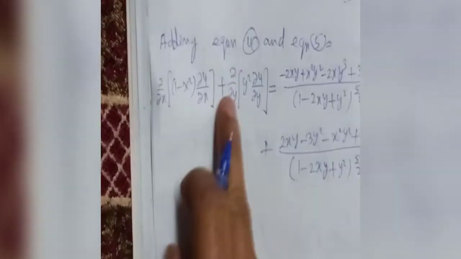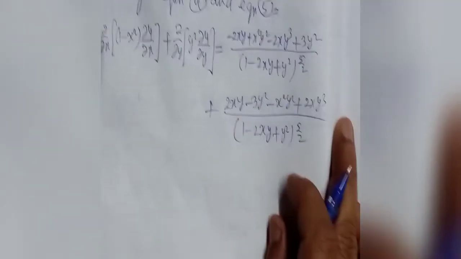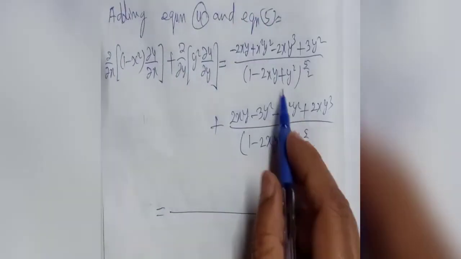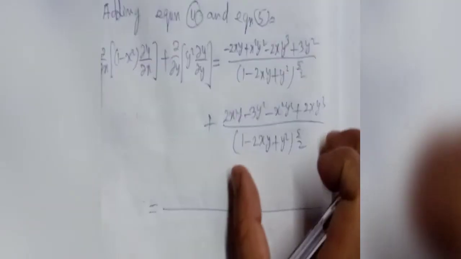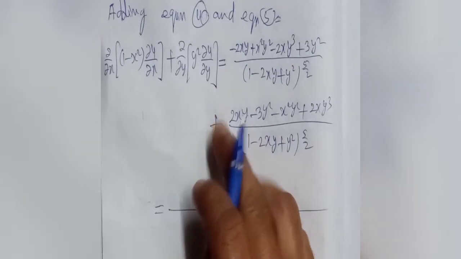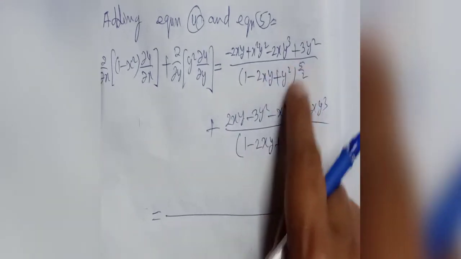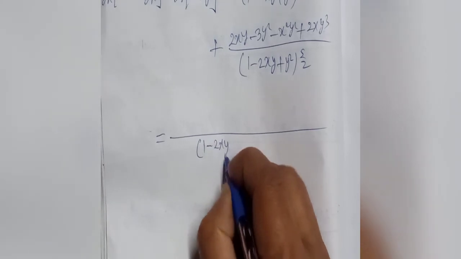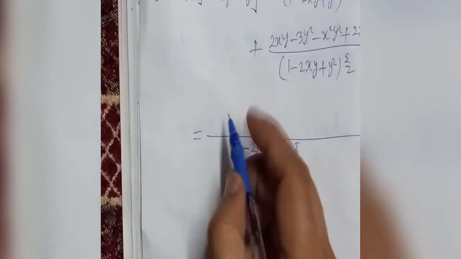The left hand side is what we have to prove, and on solving the right hand side we should take this bracket as the LCM. I have no space here, so I write this term beneath. Considering these fractions, the denominators are equal, so I take the LCM denominator 1 minus 2xy plus y square, and I write the numerators as they are.